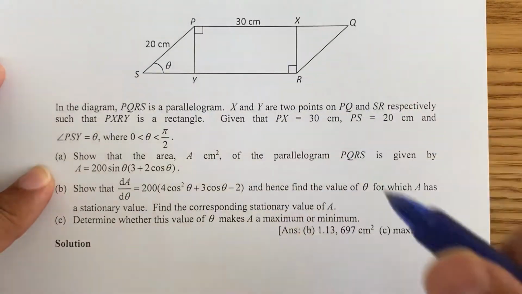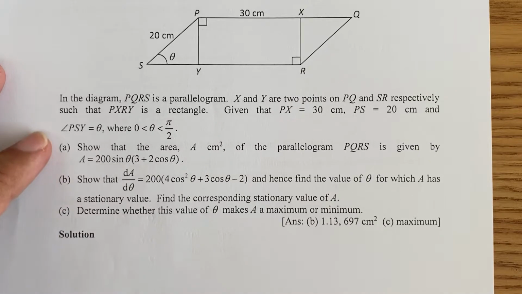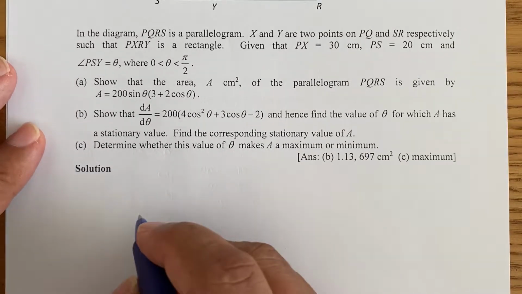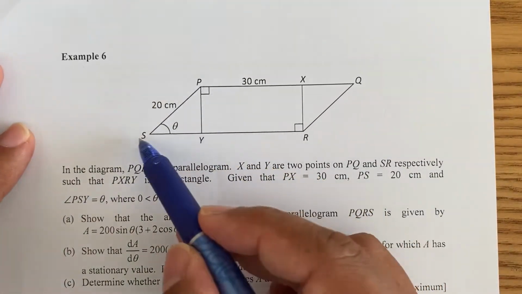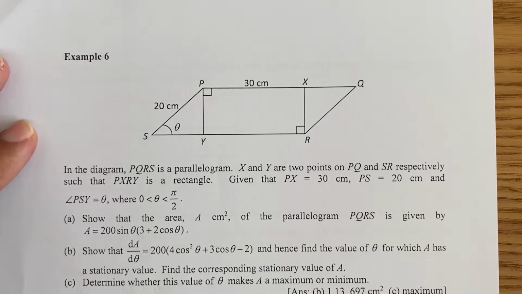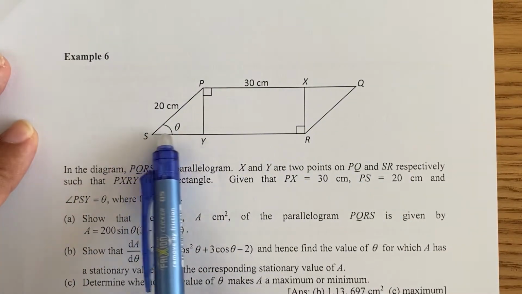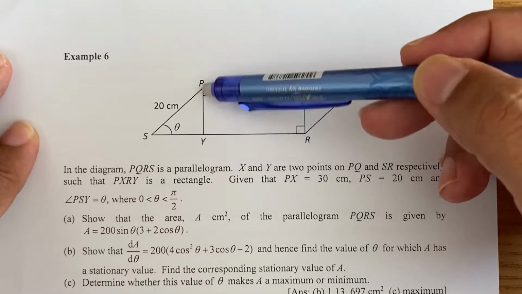Now in this triangle, let's study this triangle, PSY. Why do we need to study this? Because if I want to find the area, I need to find the base times height. This is the base, SR. The height of the parallelogram will be PY.